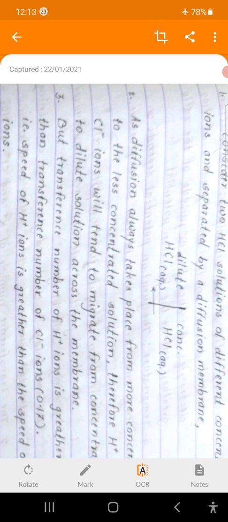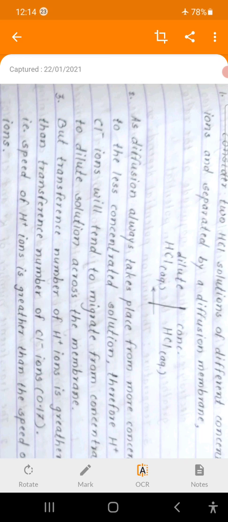Then after some time, because of concentration difference, a diffusion takes place, that is movement of ions through that semi-permeable membrane takes place from more concentrated solution to less concentrated solution.